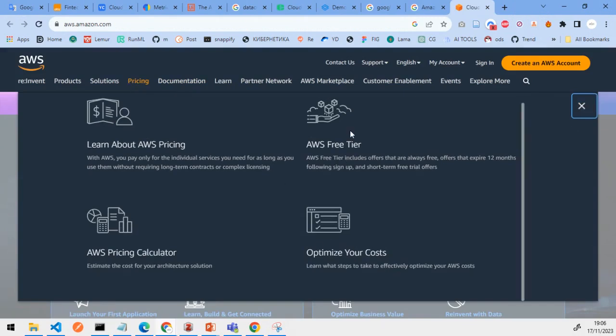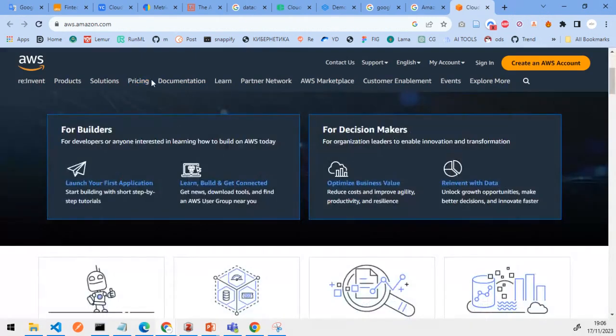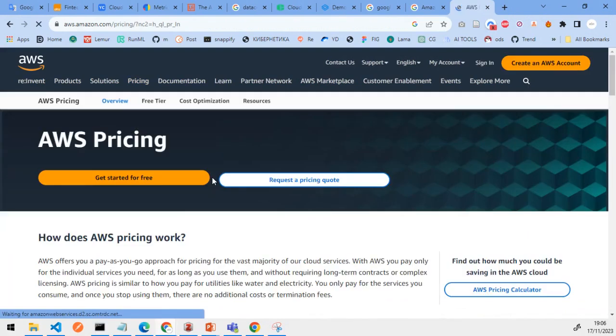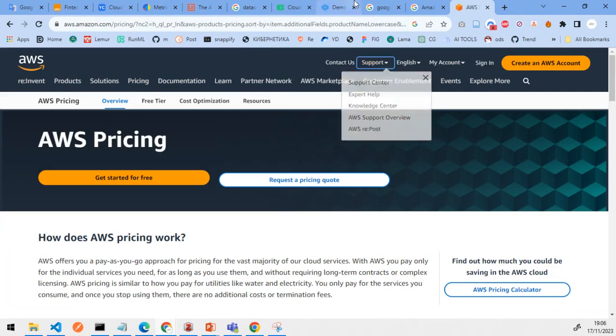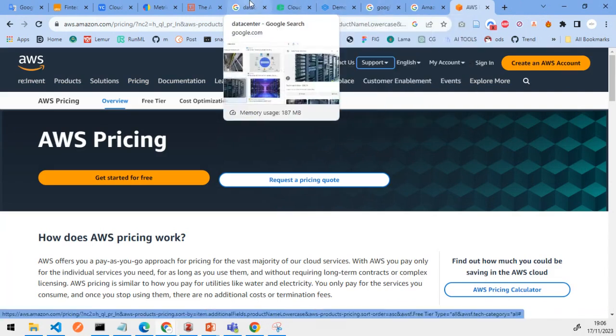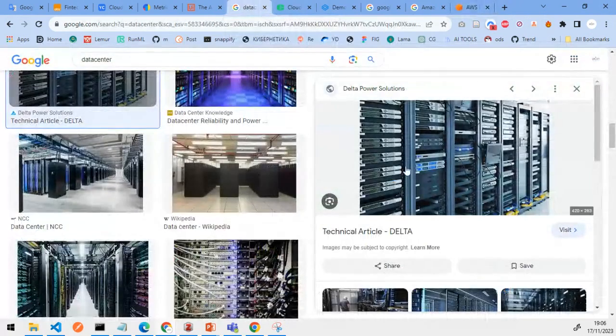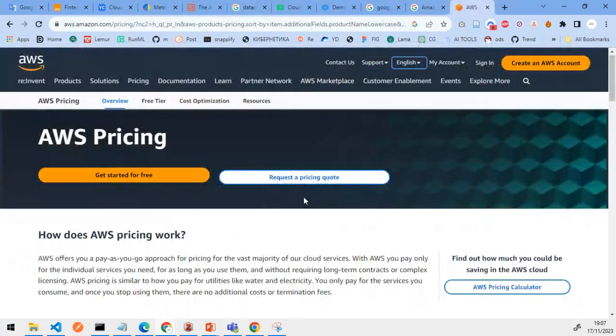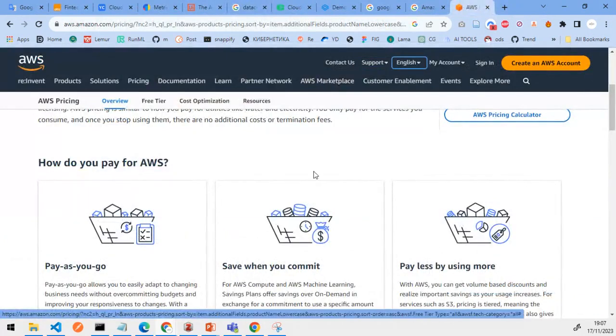And let me see their pricing, just to have an idea about their pricing system. So when it comes to cloud computing, you have to understand if the pricing works for you, because for example, if it costs you a lot of money to have a data center or a server like this, then it's better to go for something like this because every month you are going to spend less.